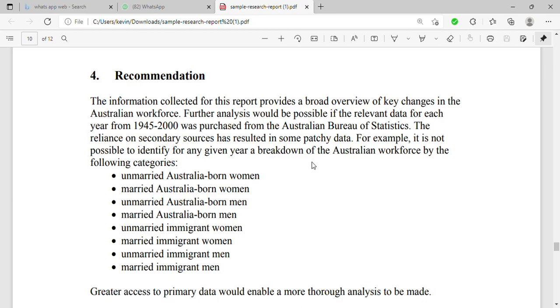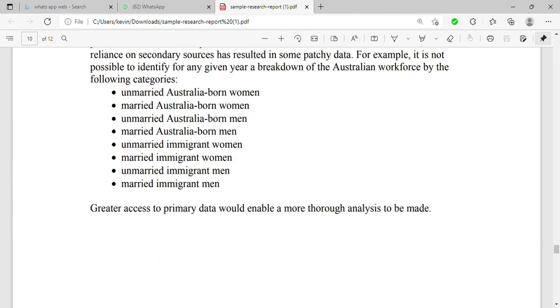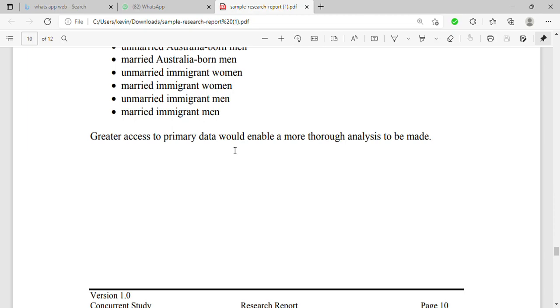They were not able to find out the breakdown in the following categories: unmarried Australian born women, married Australian born women, unmarried, and all that. So that is the recommendation. Greater access to primary data would enable more thorough analysis to be made. So they need to access primary information.